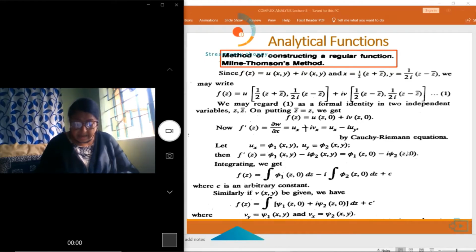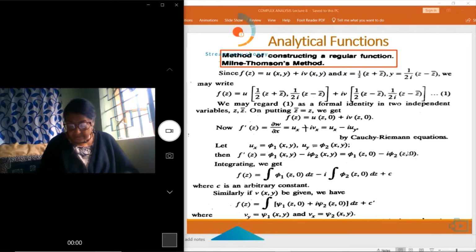This can be written as u_x − iu_y by the Cauchy-Riemann equation. Let u_x = φ1(x,y) and u_y = φ2(x,y). Then f'(z) can be written as φ1(x,y) − iφ2(x,y), which can be written as φ1(z,0) − iφ2(z,0).